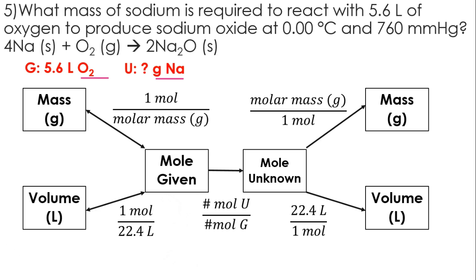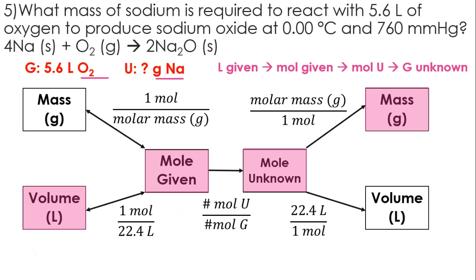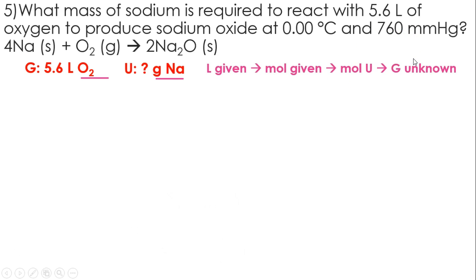Here's my map. I'm starting at liters, and I'm ending up at grams on the right side, on the unknown side. So that means to get there, I'm going to have to go here first, then here, which means I'm going from liters of given to moles of given to moles of unknown to grams of unknown.